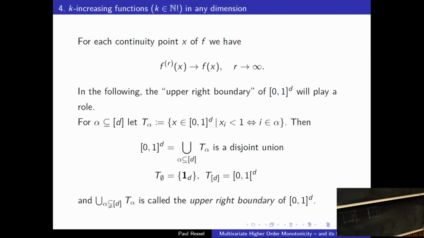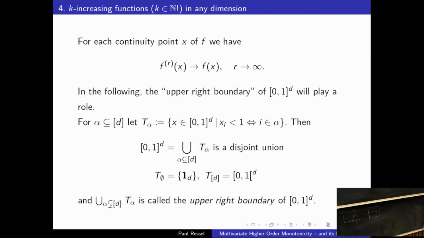And what I now will use is the upper right boundary of this d-dimensional cube. I define T alpha as those vectors where x_i is less than 1 exactly if i is in the set alpha, any subset of 1 up to d.